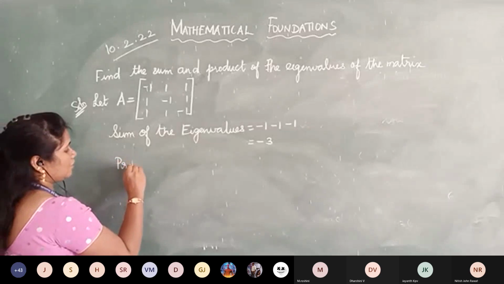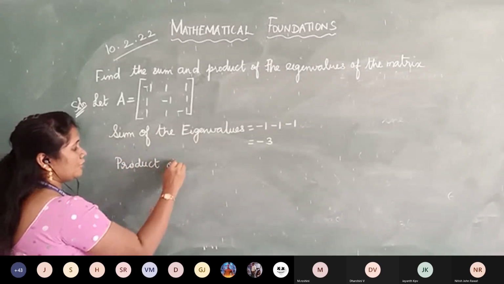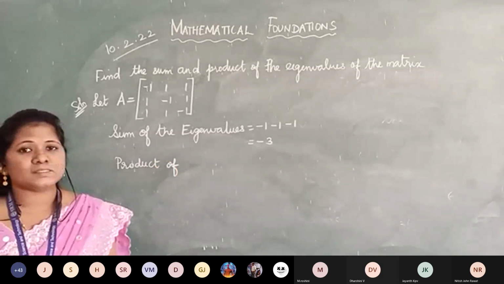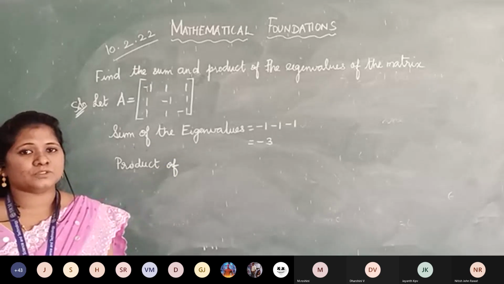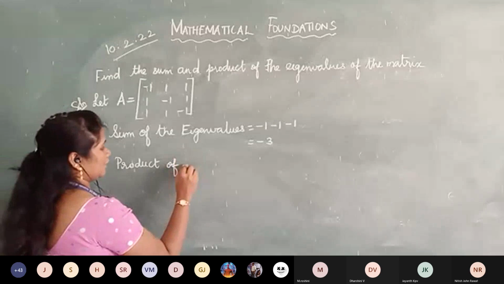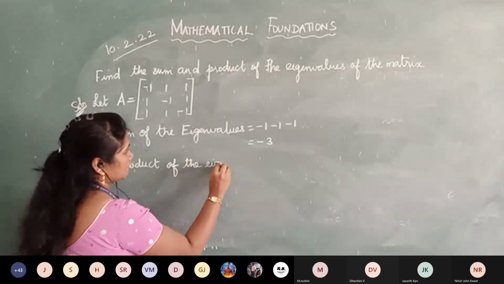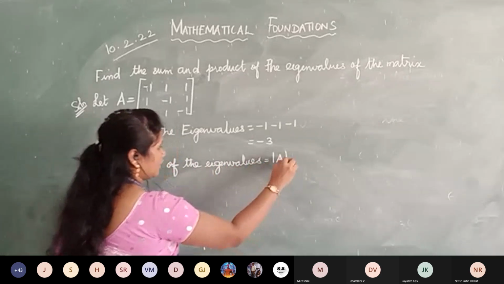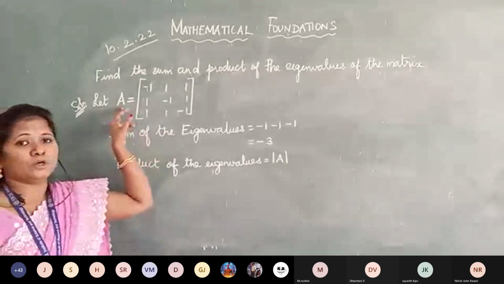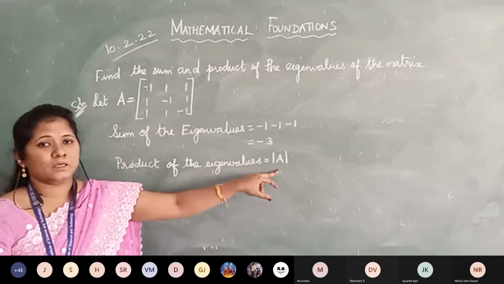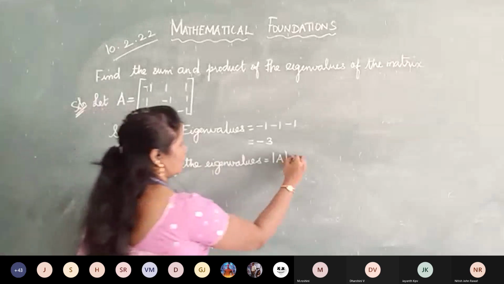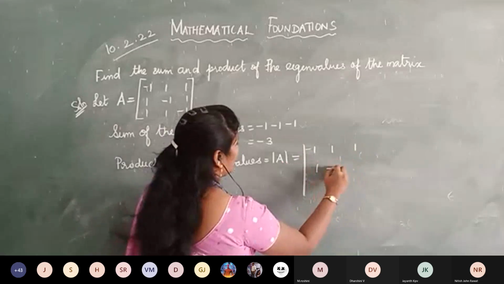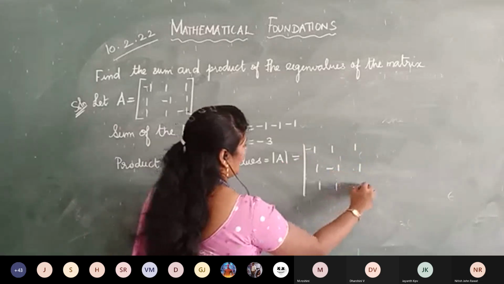Similarly, for the product of the eigenvalues, you need not find the characteristic equation and the eigenvalues. You can directly substitute into the formula: the product of the eigenvalues is equal to the determinant of A. So find the determinant of A. I told you to represent the matrix by A because only then you can write it this way; otherwise you should write the whole values: -1, 1, 1; 1, -1, 1; 1, 1, -1.